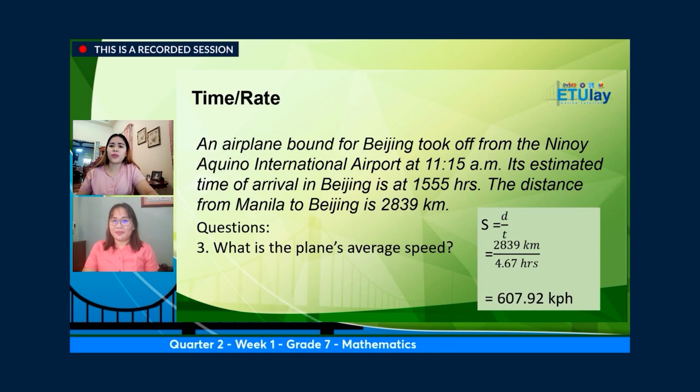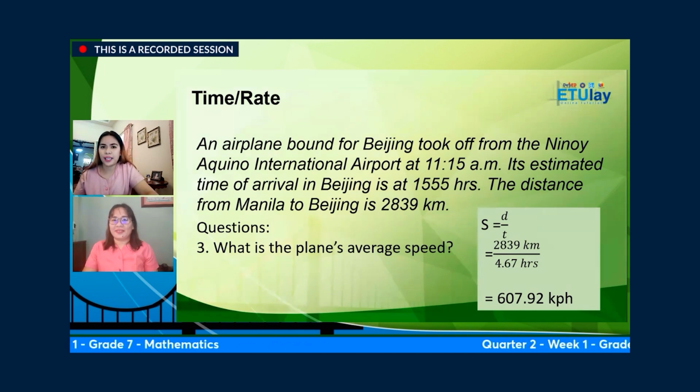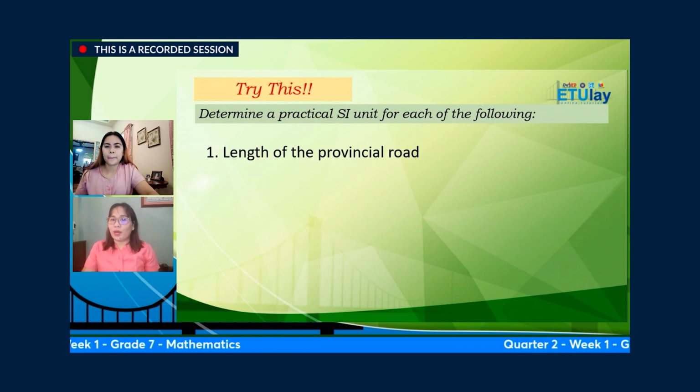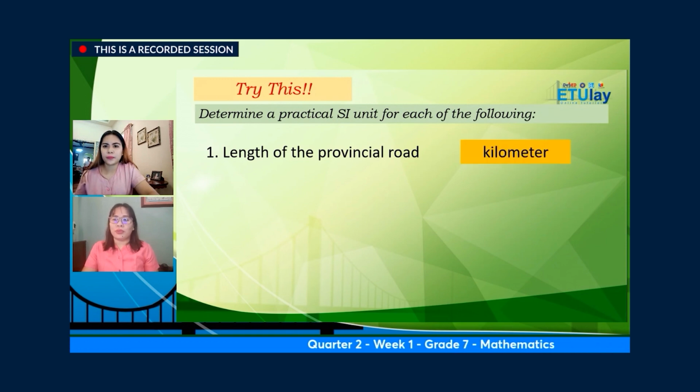Okay, so those are some examples in estimating measurement. Okay, try this. Determine a practical SI unit for each of the following. For number 1, length of a provincial road. Yes, it is kilometer.